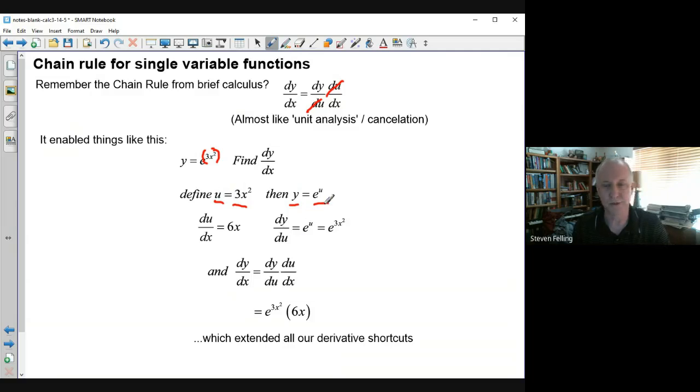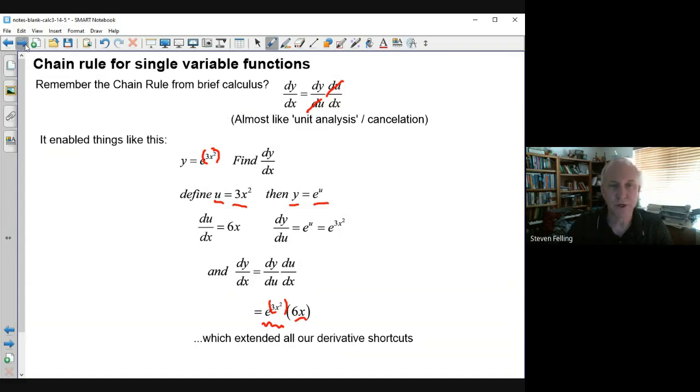But when we resubstitute this back in, you get e to the 3x squared. And so then the overall derivative is the derivative of the outside times the derivative of the inside, the dy du times du dx part, right? So this is how we were able to extend all of our derivative shortcuts for more complicated structures. We take the outside derivative and then we multiply by the inside derivative. But what's going on behind the scenes is this chain rule idea.